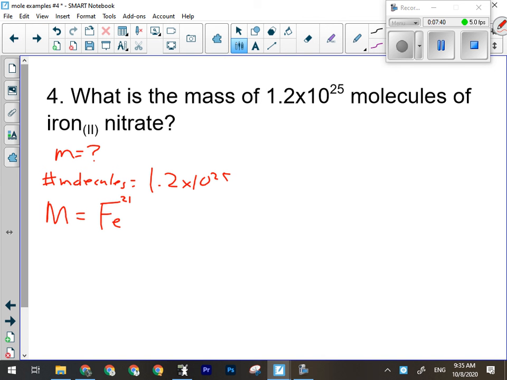So that means the iron with the 2+ charge is with NO3, which has a -1 charge, which will require brackets and a 2 outside of the brackets. So that'll be 55.85 plus 2 nitrogens plus 5 oxygens.